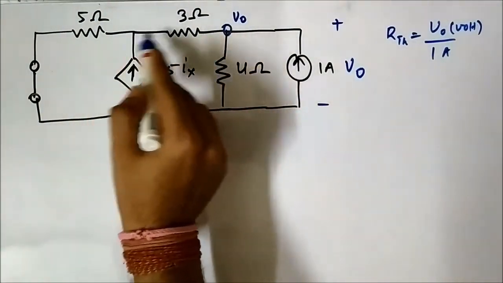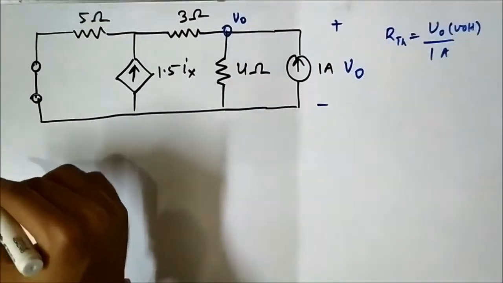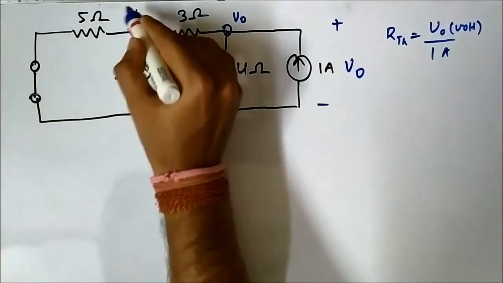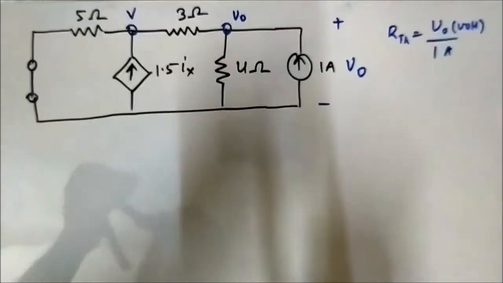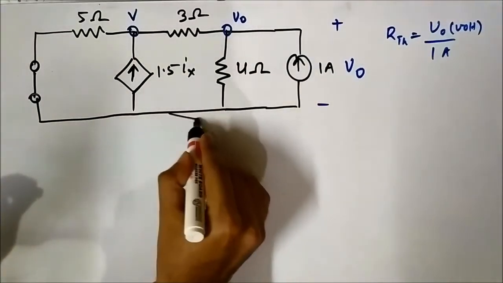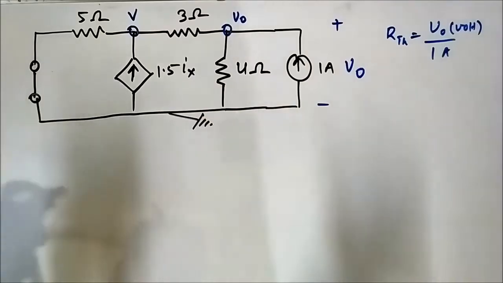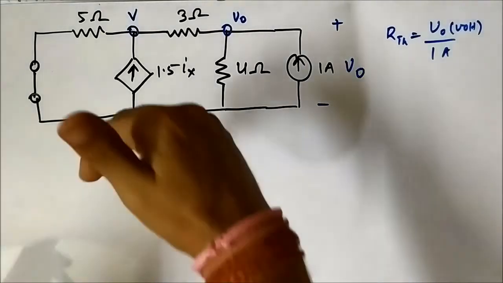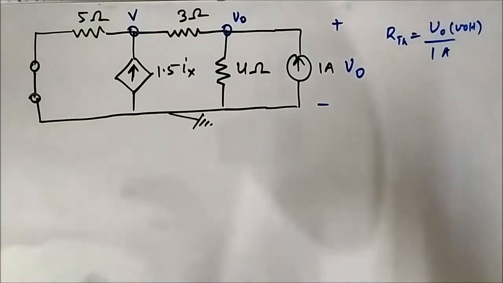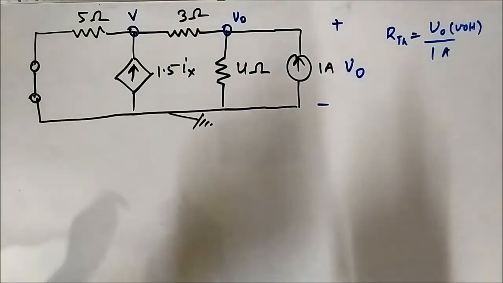In between these two nodes there is a 3 ohm resistor, so this node voltage will be different, let us call it V. Now let us connect the ground for our reference. We know there is always a ground present, but in nodal analysis always having a ground gives us some clarity, it does not cause any unnecessary confusion.